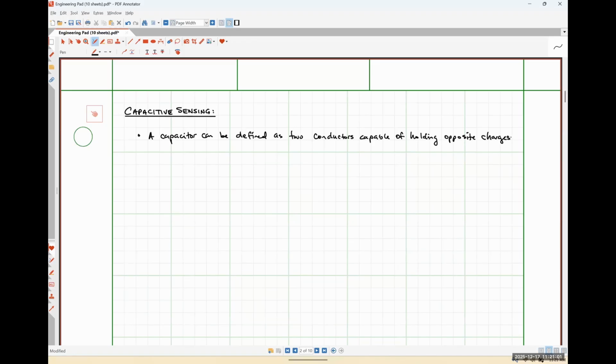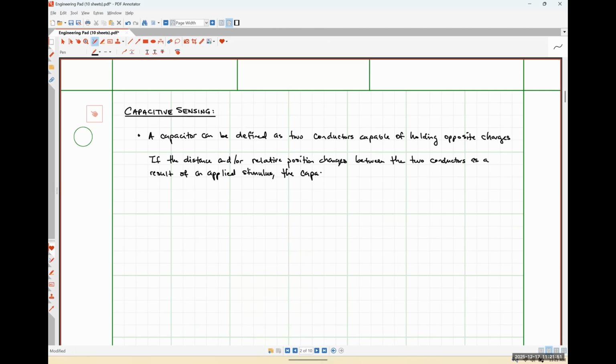So in a capacitor, if the distance and/or relative position changes between the two conductors, as a result of an applied stimulus, the capacitance value of the system will change. And so this is the basis of capacitive sensing.